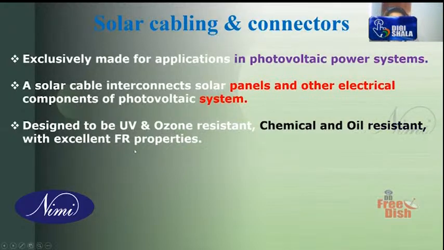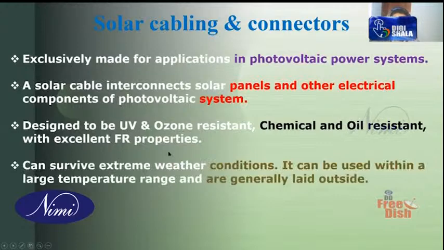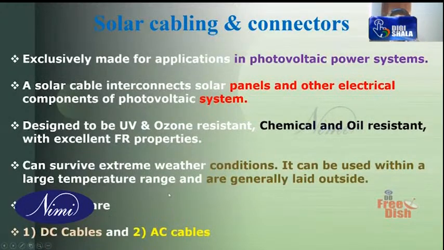It should also have fire resistant properties. The insulation should have all these properties. Unlike our house wiring, the cable is not concealed; it is lying outside in the sun. So there are two types of cables, DC cables and AC cables.